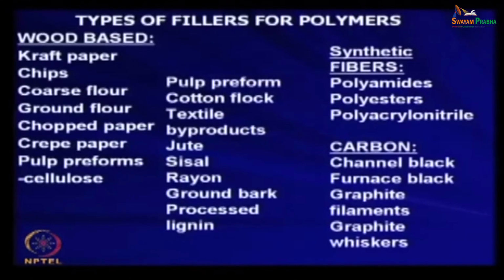Say there are 3 major grades, channel black, furnace black and thermal black. Here only 2 are mentioned, channel black and furnace black; thermal black is not mentioned here. Channel black is used for making printing ink. The particle size is very low, less than 10 nanometer, channel carbon black.